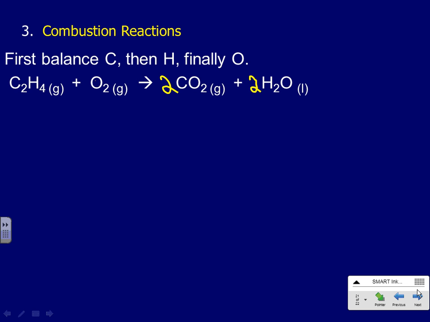When you have combustion and you're balancing your O's, you're going back to this side, you need to add up the O's from here and the O's from here. So how many O's are in my 2 CO2s? 4. Well, you could write it down if you'd like, but I can remember 4. I could even use my fingers if I'd like. How many O's are in 2 waters? 2.